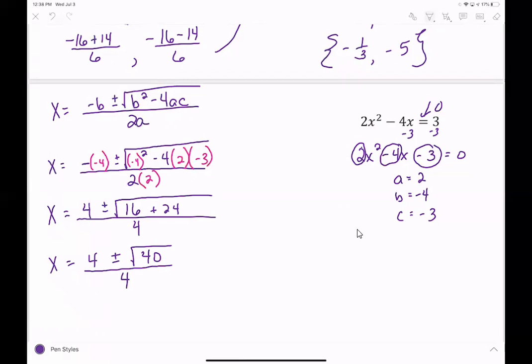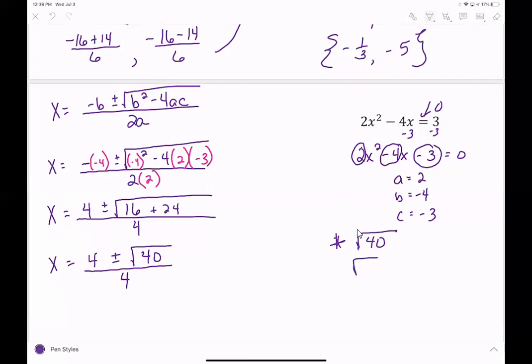Now, if you leave the answer like this, it's technically correct, but it's not simplified. So you have to simplify. If you go back to simplifying radicals, I'm going to make a little side note over here. I want to take the square root of 40 and break it down into a perfect square factor times a number.